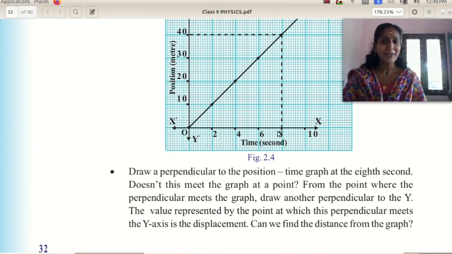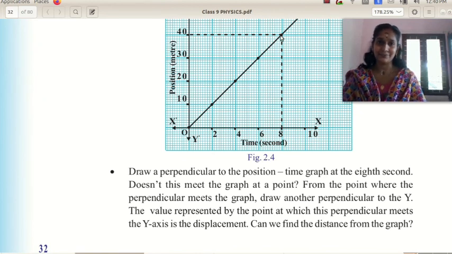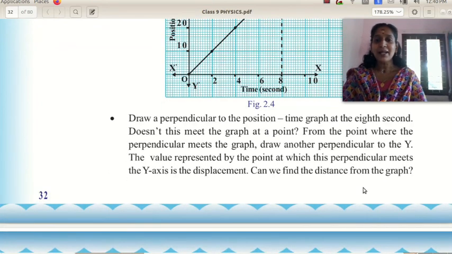No need to worry. From this 8th second, mark a line. It meets at a point in our graph. From that point, draw another line towards the y-axis. The value at the point where this perpendicular meets the y-axis is the displacement.